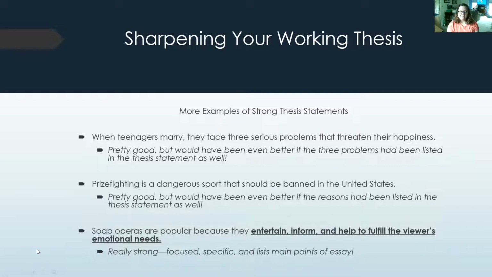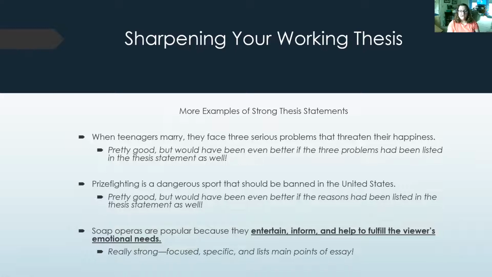And then we have this version down here, our third example. Soap operas are popular because they entertain, inform, and help to fulfill the viewer's emotional needs. That's a really strong thesis statement. It is focused, it is specific, and it lists the main points of the essay.